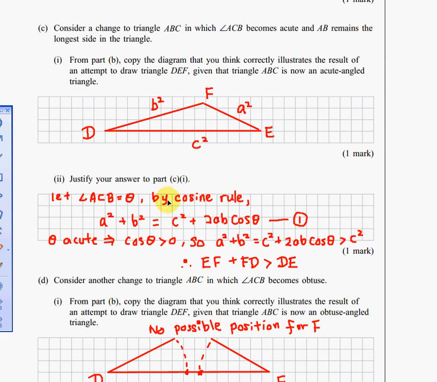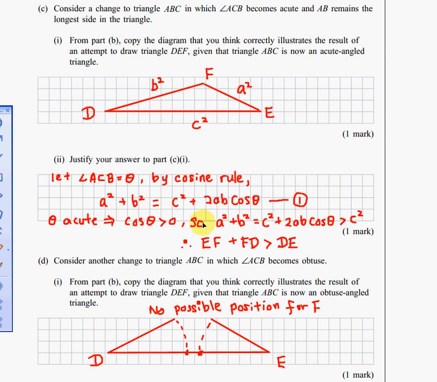Here, to justify your answer, I can use the cosine rule, and the angle theta, which is the angle ACB, is acute. When it's acute, it implies that cosine theta is positive. And so this particular expression, c squared plus 2ab cosine theta, must be greater than c squared.